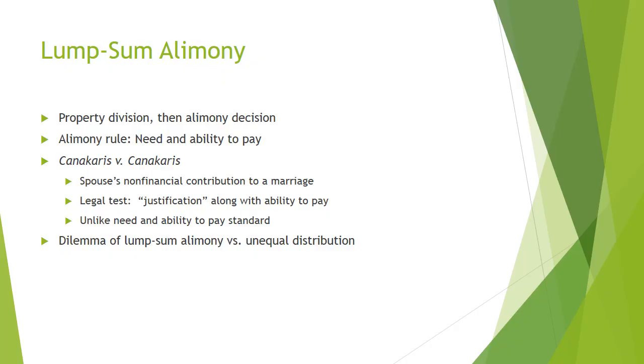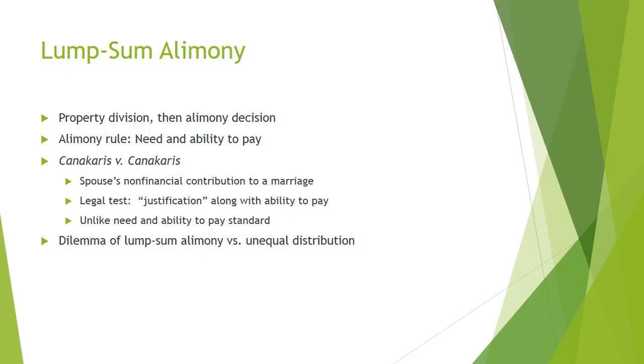However, the Canacaris case recognized that a spouse's non-financial contribution to a marriage could give rise to an equitable claim upon the property that was acquired during the marriage. At the time, the only legal basis for ordering a transfer of property was lump sum alimony.